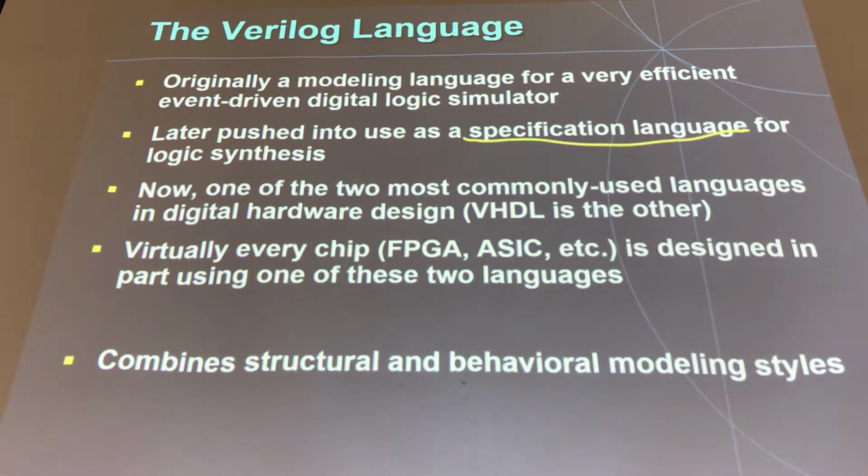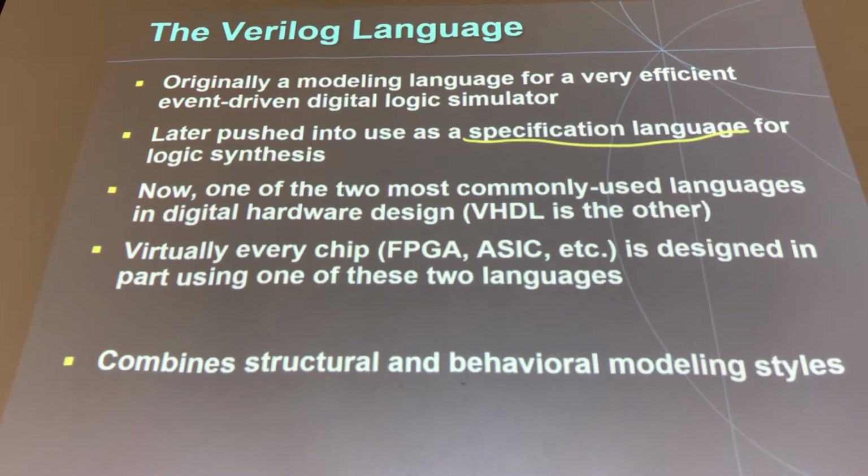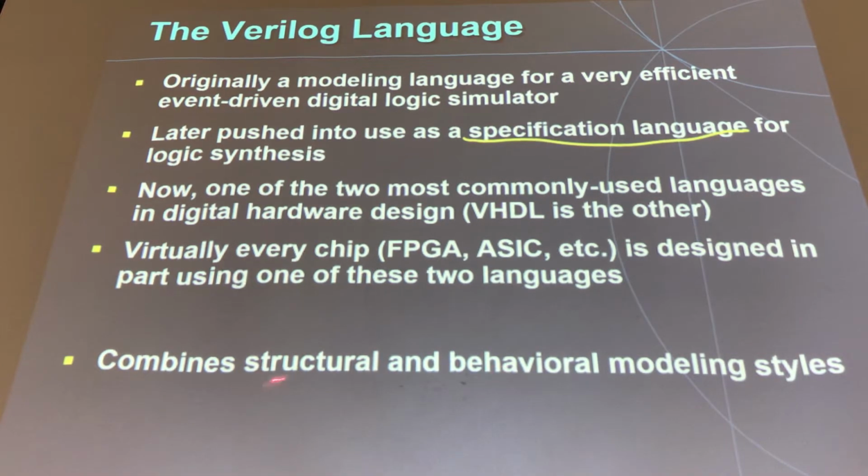It's too slow. So that's why more and more people use this kind of hardware description language for their IC design. And the language combines structural and behavioral modeling styles. There are two given styles. One is structural style. The other one, behavioral style. We will talk about that in a few minutes.